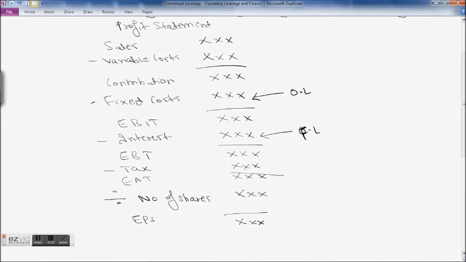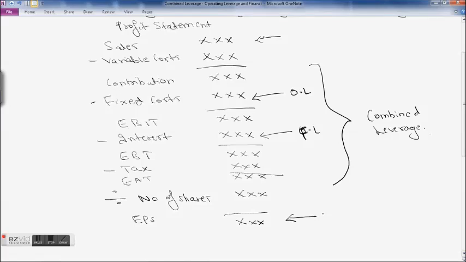Your combined leverage will tell you what will be the impact on EPS when there is an increase or decrease in the sale. So this combined effect of operating and financial leverage will be given by your combined leverage.